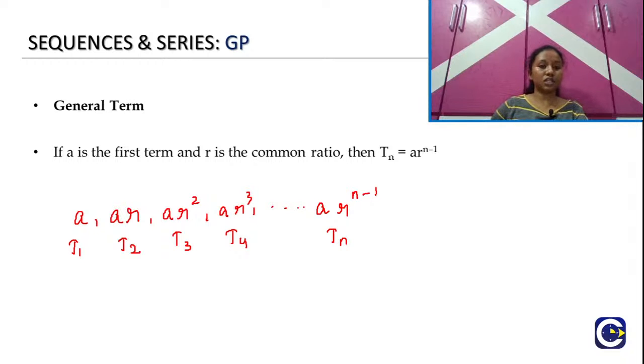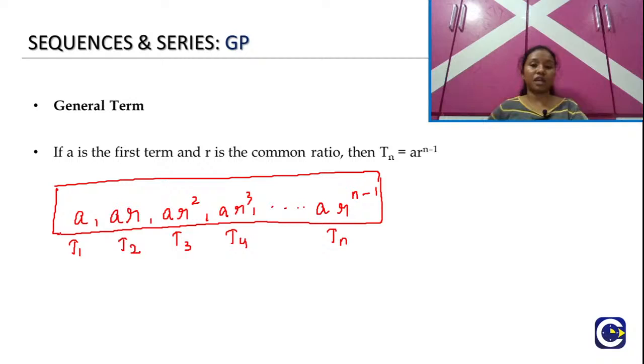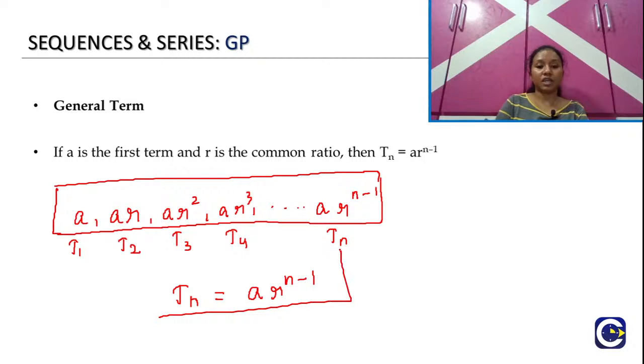So the standard format of this geometric progression is A, AR, AR square, AR cube, AR power 4 and so on until A into R power n minus 1, where A is my first term, AR is my second term, AR square is my third term and so on. So my general term Tn will be equal to A into R power n minus 1 in my geometric progression.